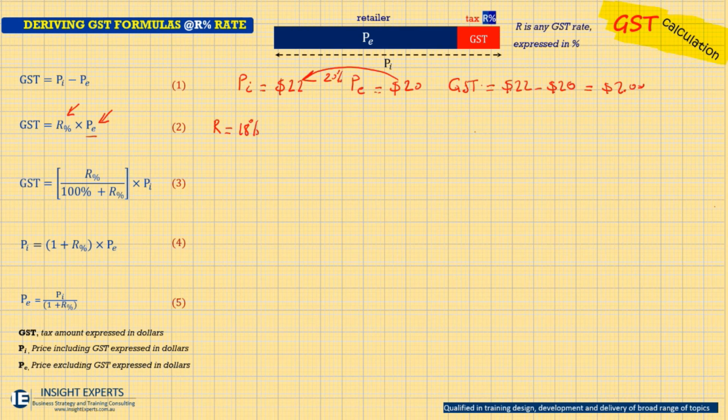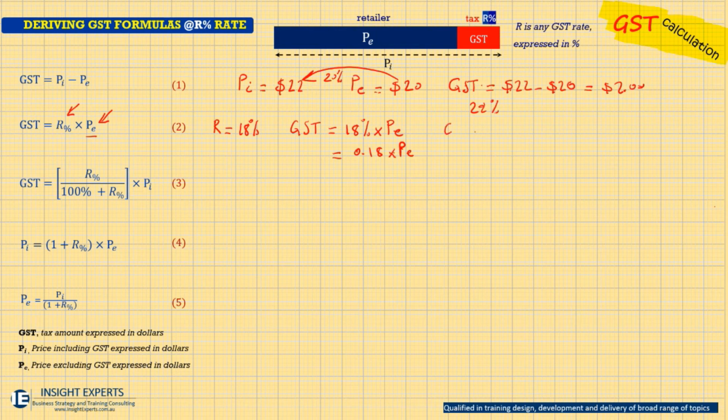If that's the case, the GST amount can be calculated using formula number two by multiplying 18% by the price before tax. Now, to simplify this, that is equal to 0.18 times PE. Let's say, for example, my tax rate is 22%.